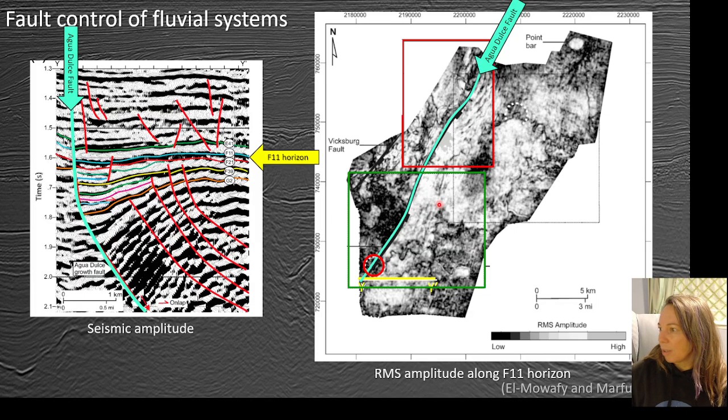And what the root mean squared data shows us is it highlights a little bit the Agua Dulce fault, but it also shows some of the aspects of the fluvial system and how they may be related. So in this case, we're looking along the F11 horizon to see those fluvial architectural elements.